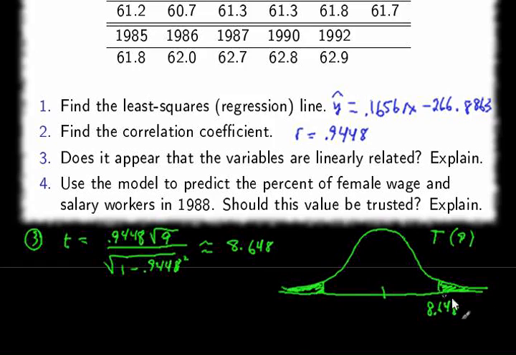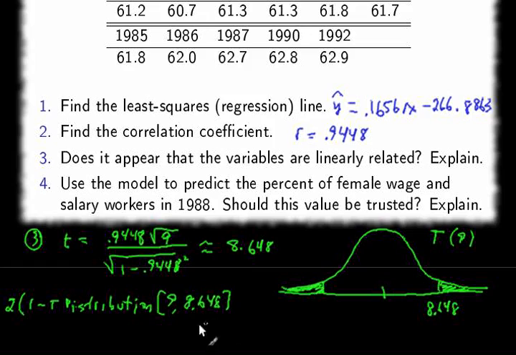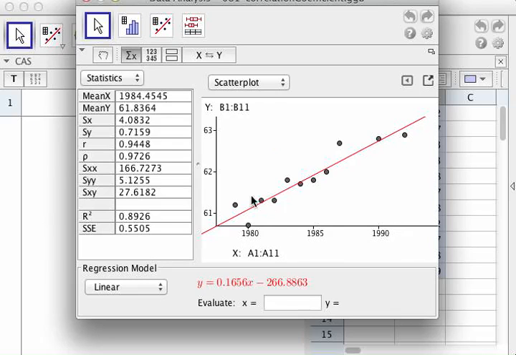So it's twice the area of this tail, and the area of that tail is 1 minus the T distribution at 8.648. Okay, and again, we need GeoGebra to actually calculate that. Whoops, need to close the parenthesis, and we go to GeoGebra.